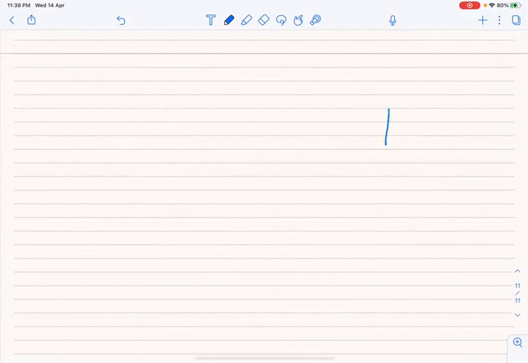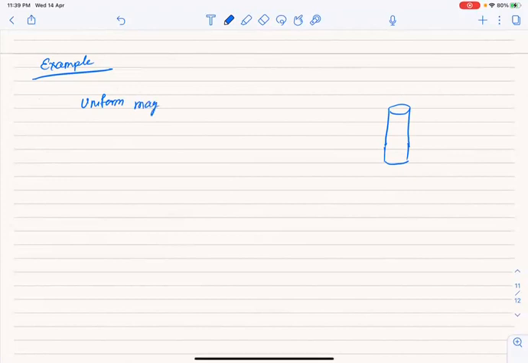So we have a cylinder. Okay. So you have a circular cylinder which carries a uniform magnetization M parallel to its axis.